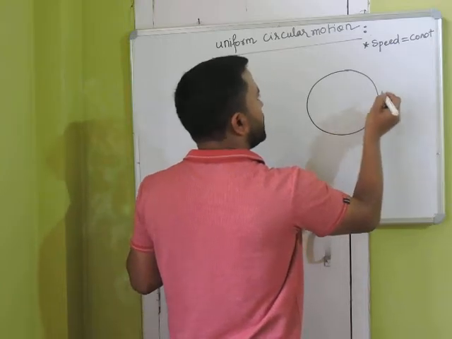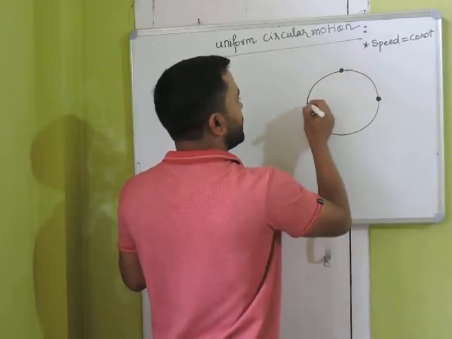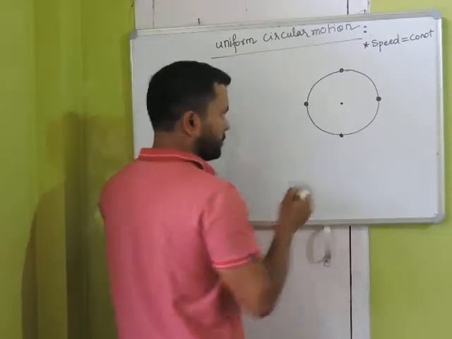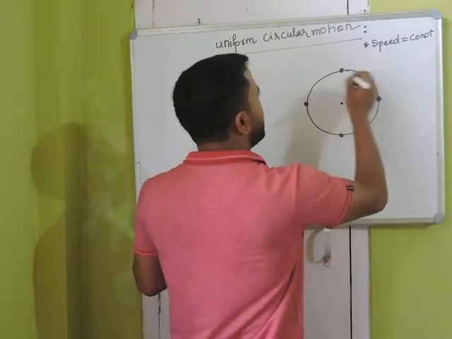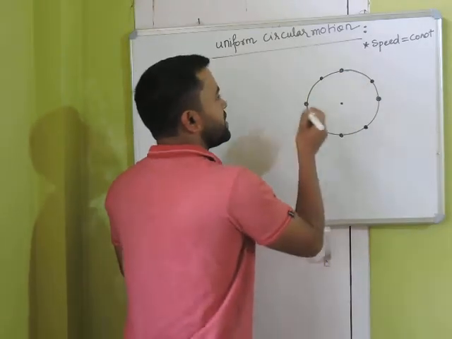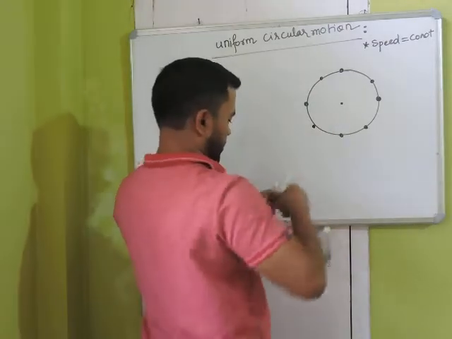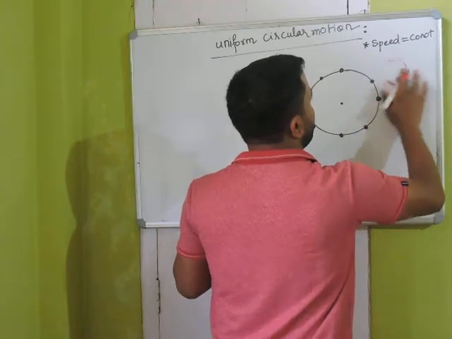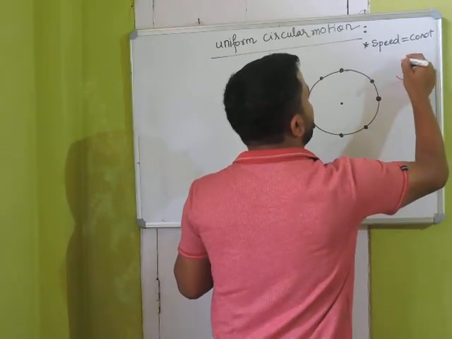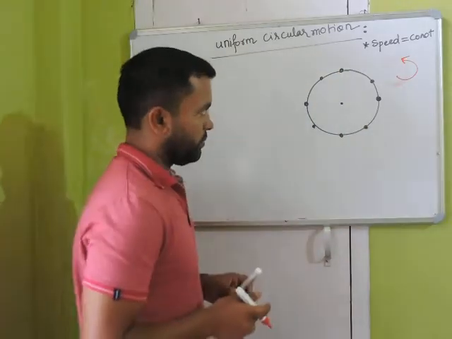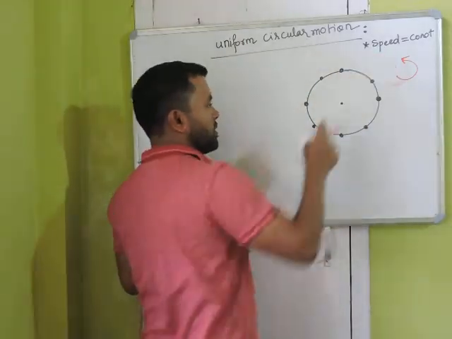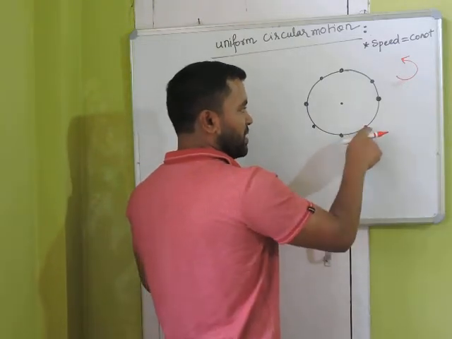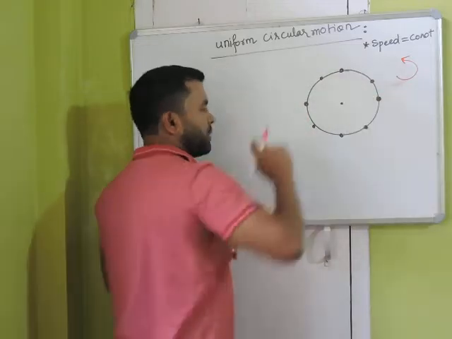The stone is sometimes here, here, here, and here, and this is the center, and let us say we are rotating in this direction. Speed is constant, so it means suppose it is going with some speed here, the same speed is here, the same here, and so on.